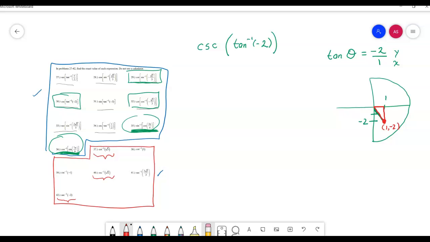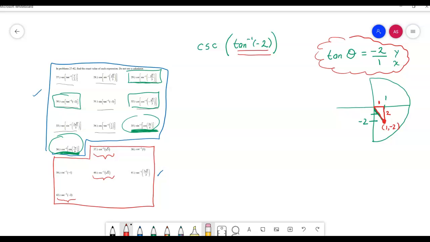So I know if you want to label the triangle, the side length is 2, even though the y value is negative 2. The x-coordinate is 1, which means the side length is 1. And then I need to find r. Okay? So this helps me build my diagram.